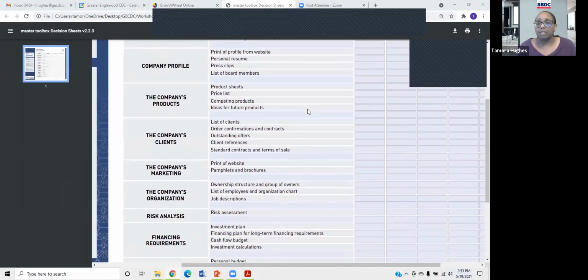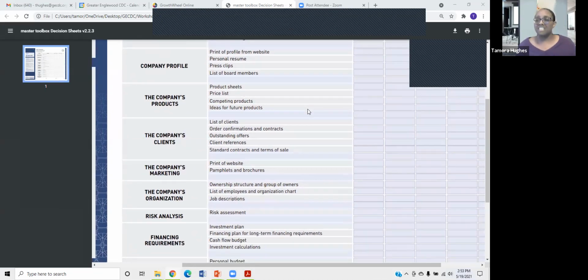The company products. This is a list of products that you sell. You may have a product sheet with a list of all your products, and the basic standard price of your products.